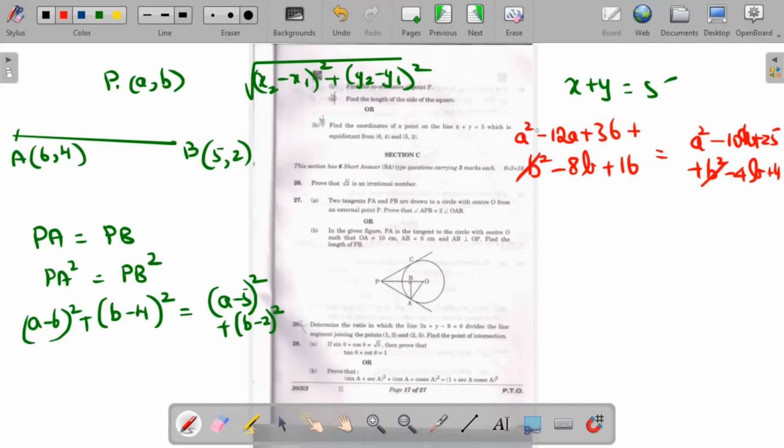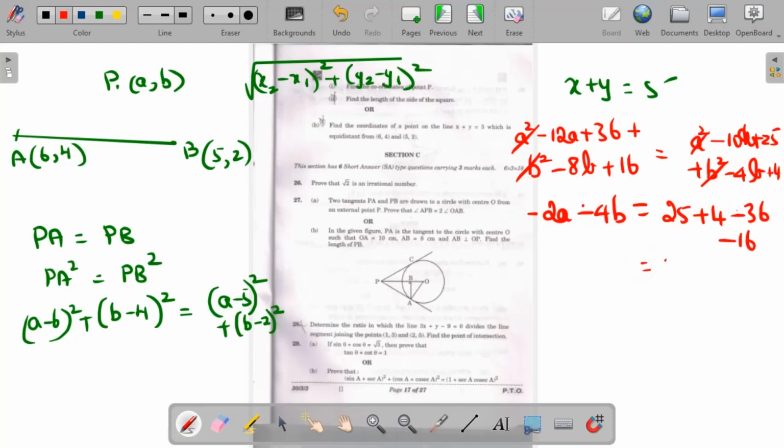b square and b square, a square and a square will vanish. When I bring the minus 10a that side, it is going to be minus 12a plus 10a, so it's minus 2a. Minus 8b plus 4b is going to be minus 4b. I'm taking the numbers to the other side. So it is 25 plus 4 minus 36 minus 16.